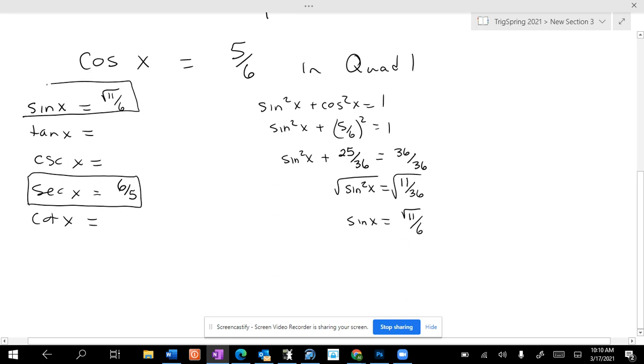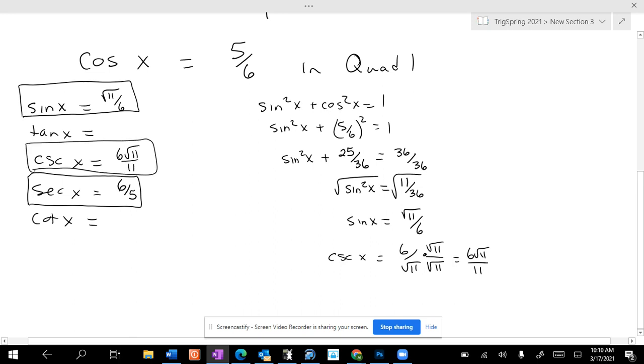I got sine done. Once I have sine done, what's the easiest one to find after that? Cosecant. I know that the cosecant is a reciprocal of the sine. Can I leave square root 11 on the bottom? No. Multiply top and bottom by square root 11. So it's 6 square root 11 over 11. Okay, what can I find next? Let's do tangent. Now, you know tangent is sine over cosine, right?